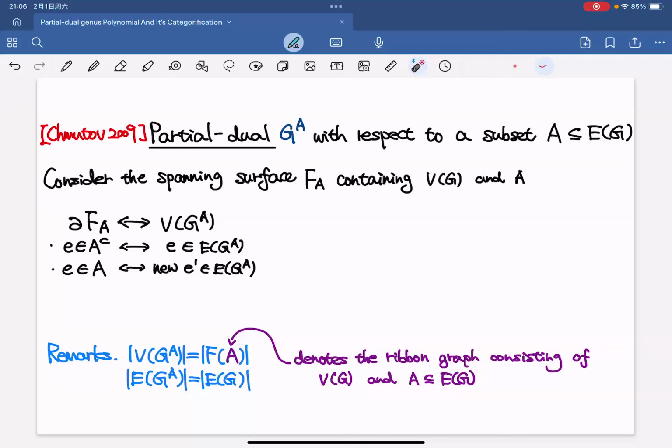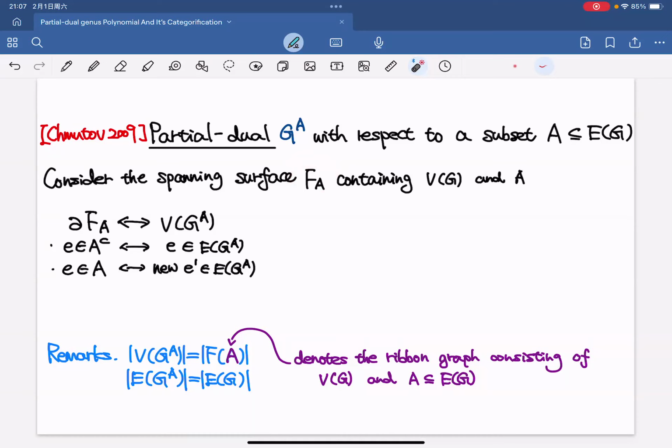First, we consider the spanning surface F_A, which contains all the vertices of G and just the edges in A, so only a subset of the edges are glued to these vertices. In general, this surface is not connected.